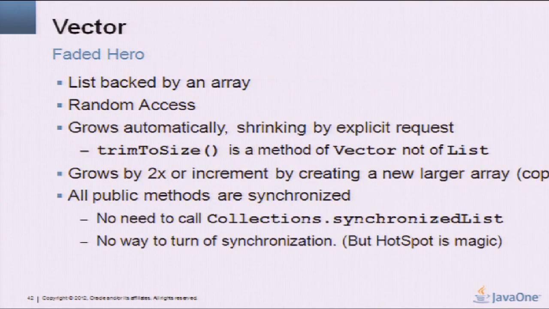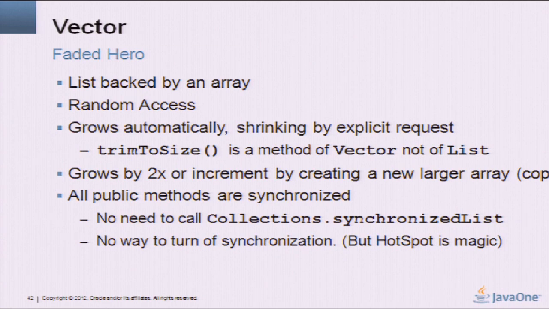Useful utility class. Vector is a counterpart to array list. Its main difference is that all the public methods are synchronized. The performance trade-offs between it and array list aren't as dramatic as they would be between Hashtable and HashMap, mostly because HotSpot is magic.